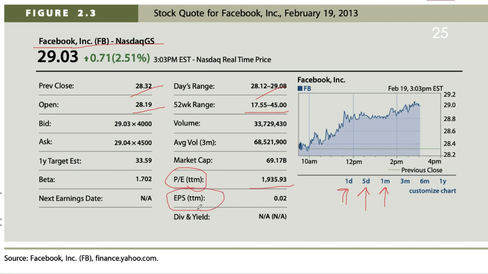We will see what we mean by the market beta or the price earnings ratio, EPS, earnings per share. We will get more details later on in the coming chapters, but essentially this is what we display in a typical chart for the stock market and various stocks that you choose.